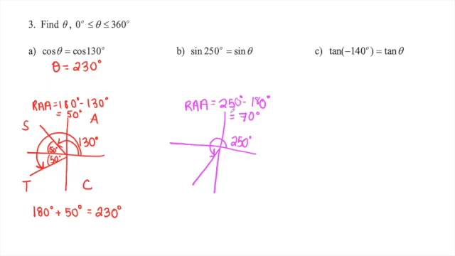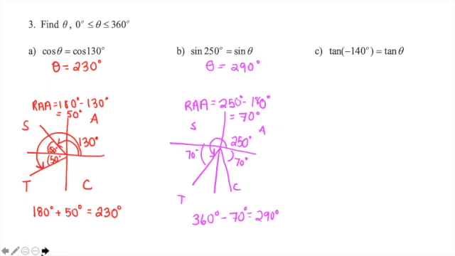And then you're going to use your CAST rule. You know that sine is negative in this quadrant, so you're going to find where else it's negative, which is over here. So you have your related acute of 70 here and then 70 here as well. So then to find that angle, you're going to go 360 minus that 70 degrees, so it's 290. So theta in this example is going to be equal to 290 degrees.